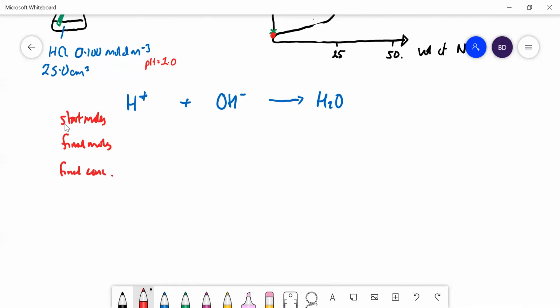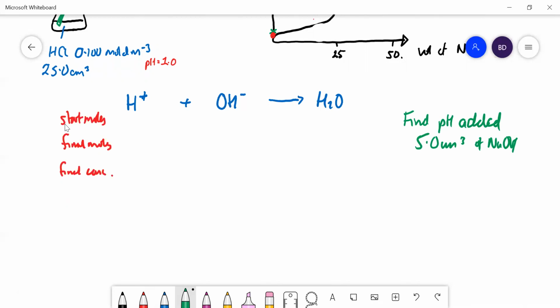So let's do this. Say we're going to find the pH when you've added, for example, 5 centimeters cubed exactly of NaOH. Right, now how many moles of H plus do we start off with?